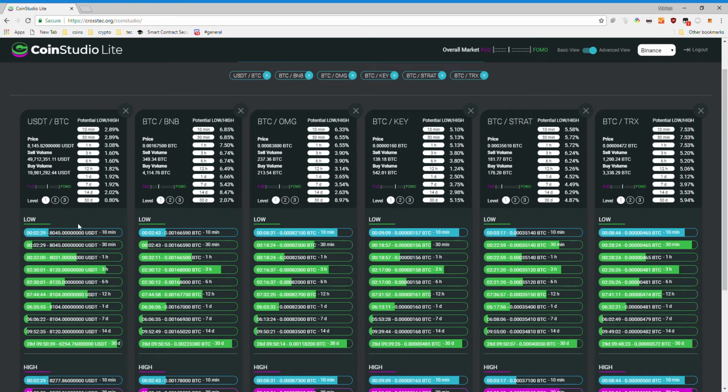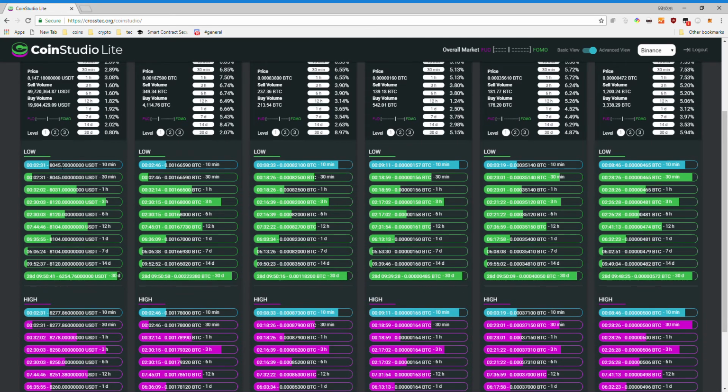If we are in a bullish market, then it's absolutely no problem to ride the waves and go with the lows given on level one and sell on the highs on level one.